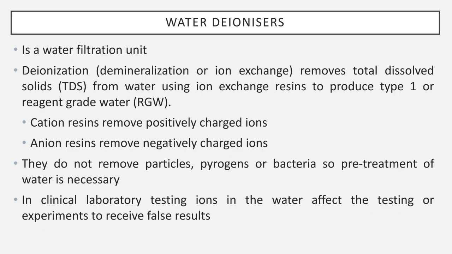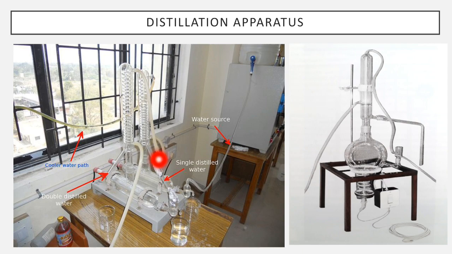Then here water is boiled, then it is vaporized, and here is a condensation unit. Here condensation occurs due to the cold water, which is coming from tap water. Then the condensed water is collected. So this is double distillation water. This is single distillation water. Here is the same component.